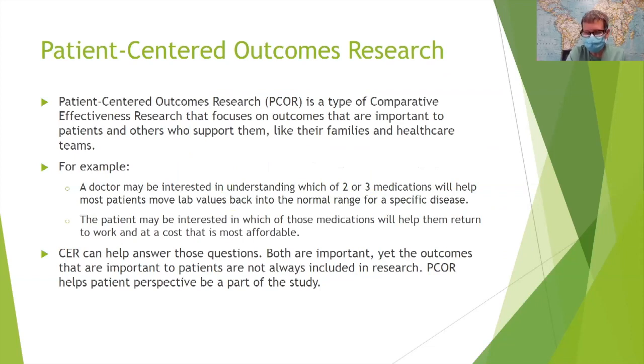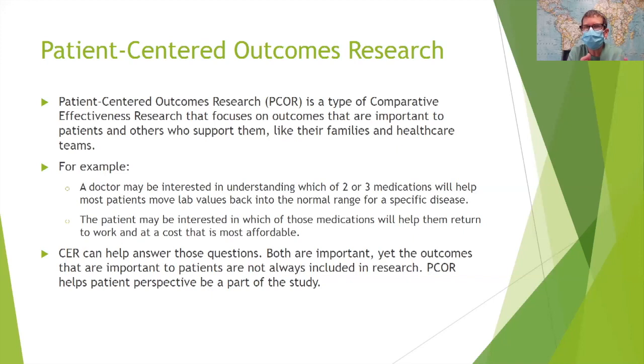Now, this is getting to the point of our presentation as well, that there's something called patient-centered outcomes research. With traditional research, a lot of times there might be just one strategy or one medication that's being studied.